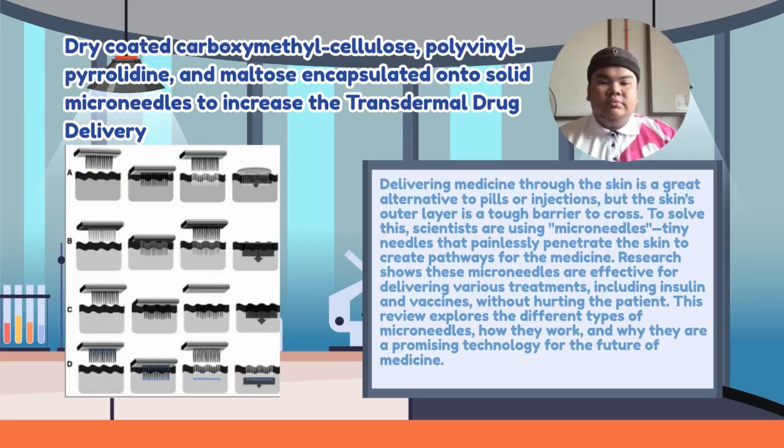To solve this problem, scientists are using microneedles, tiny needles that painlessly penetrate the skin to create a pathway for the medicine. Researchers showed these microneedles are effective for delivering various treatments, including insulin and vaccines, without hurting a patient. This review explored the different types of microneedles, how they work, and why they are promising technology for the future of medicine.